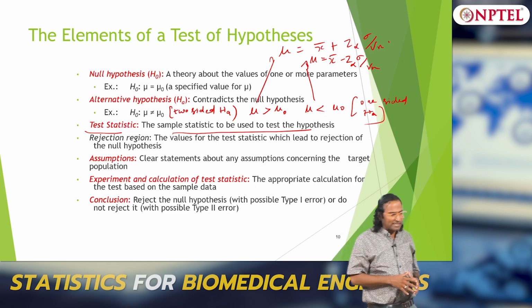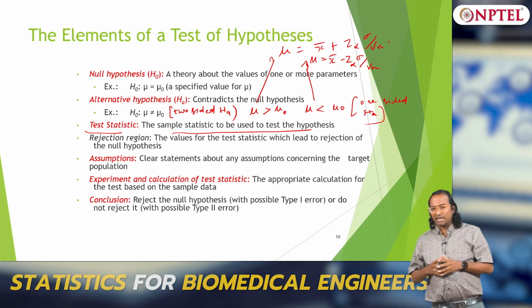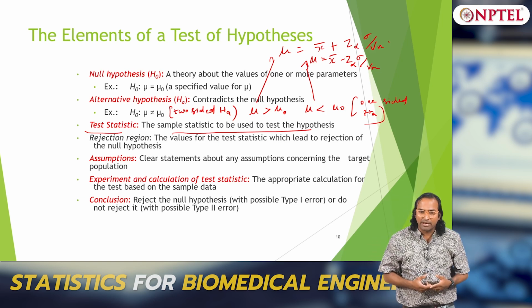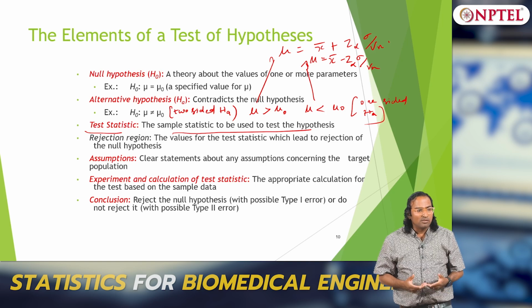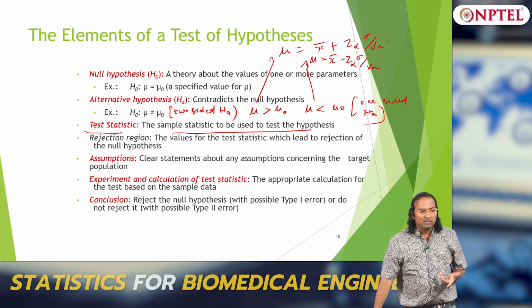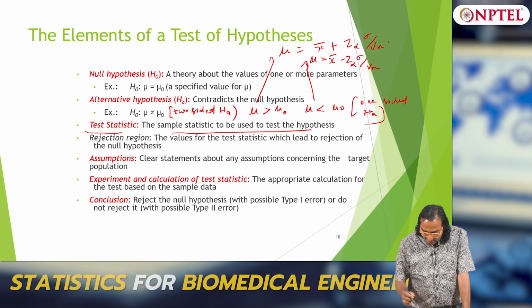And then you have a test statistic. In this case, what is the statistic we are using to estimate mu? X bar, that is all. Your test statistic is x bar.